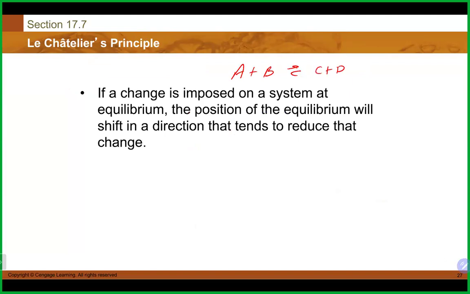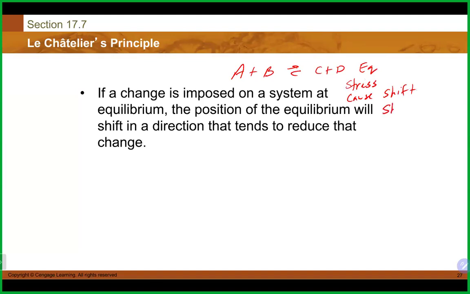You do something to it to mess up the equilibrium. You add a stress to the system. It's going to mess up the equilibrium, but because this is a reversible reaction, it will want to reach equilibrium again, and it will cause the reaction to shift, as we talked about.